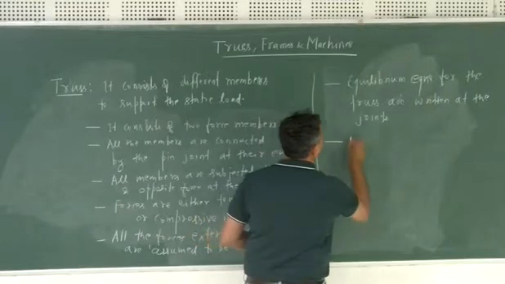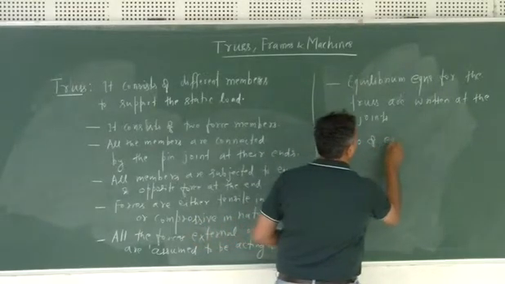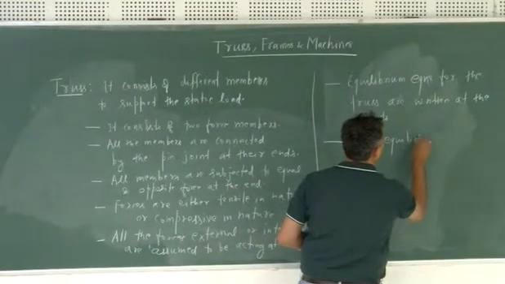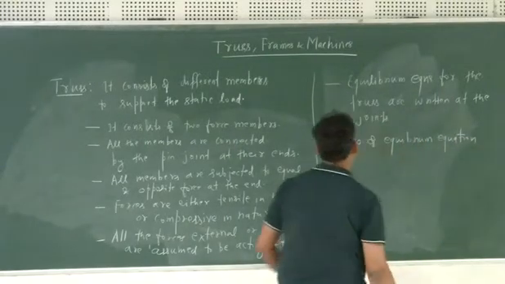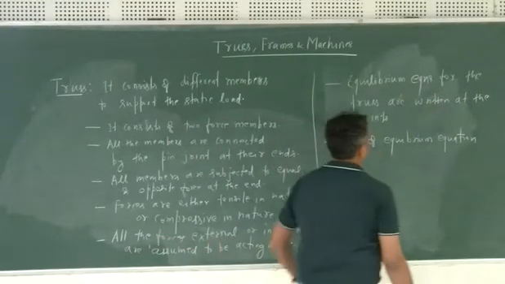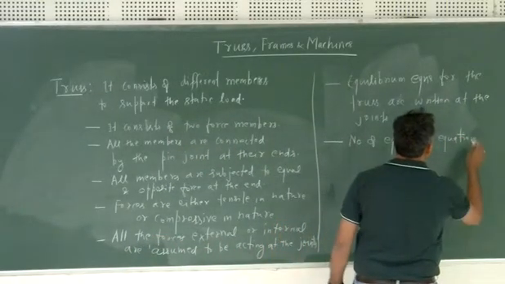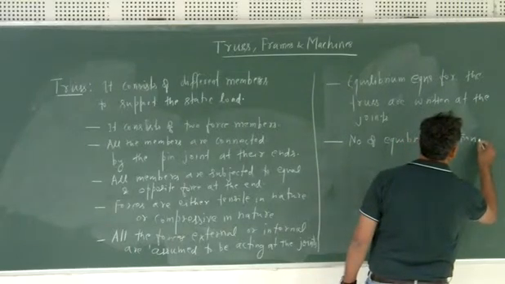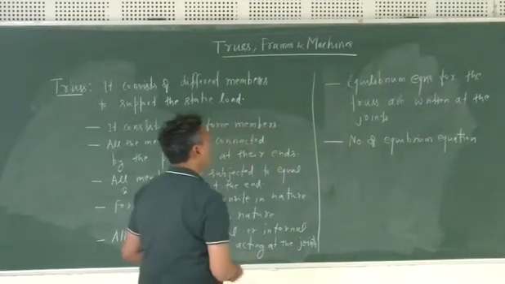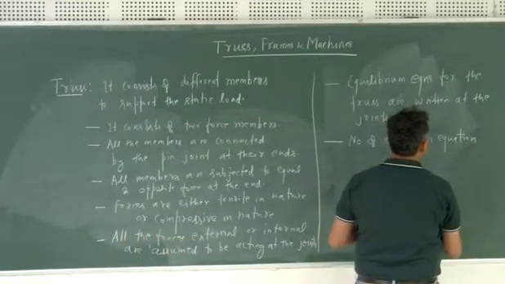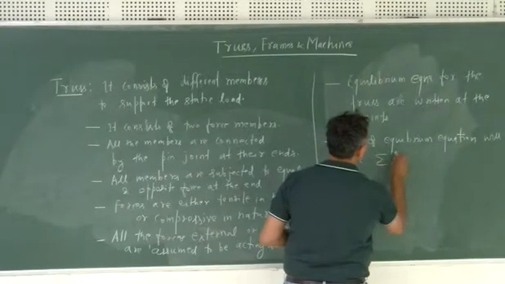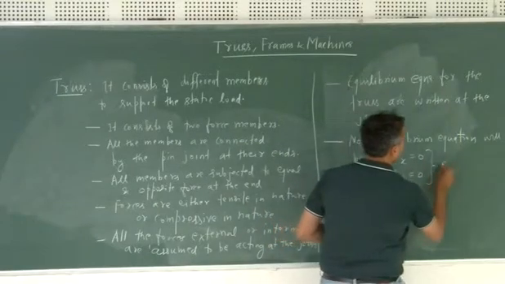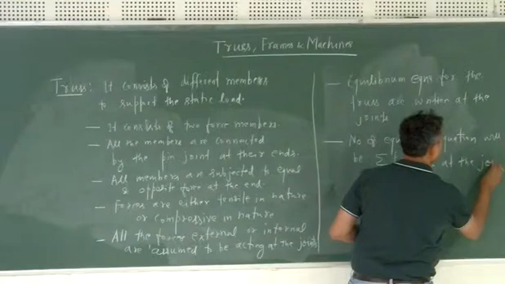Now, the number of equilibrium equations: if you are considering the forces at the joint, the equilibrium equations will be given by summation of Fx equals 0 and summation of Fy equals 0 if written at the joint.